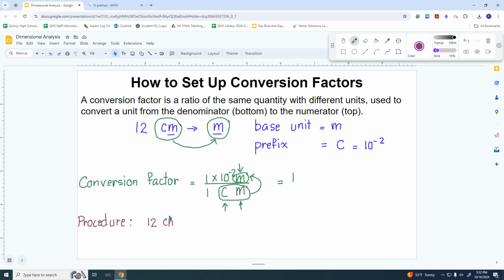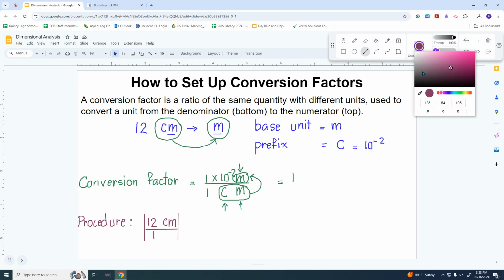Now, 12 cm is on the top. I like to do over 1 just to make it neat and nice, okay? So you are saying numerator over the denominator, 12 cm over 1 doesn't change anything. Then you multiply by a conversion factor that we already worked out, okay?